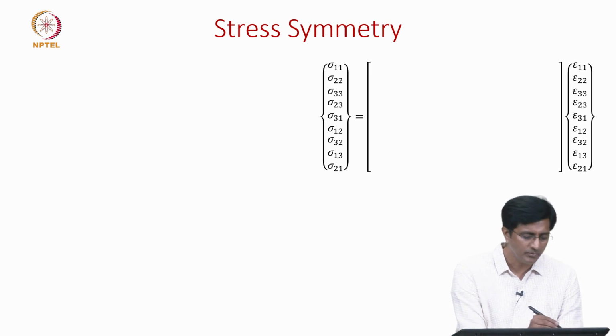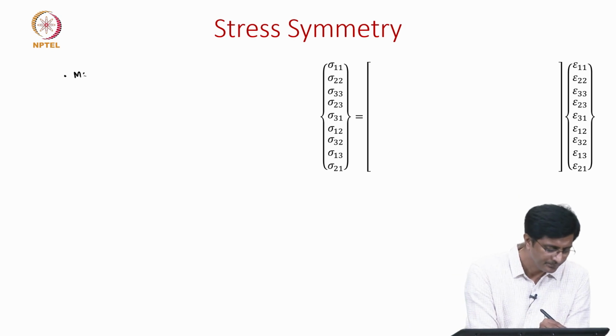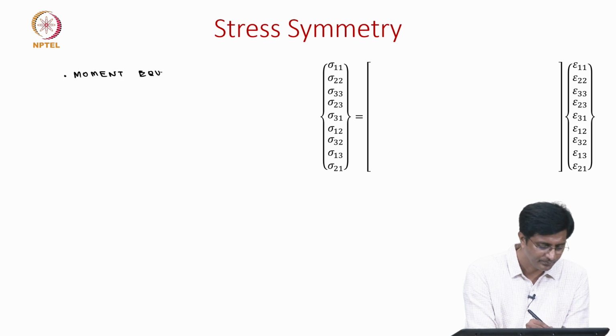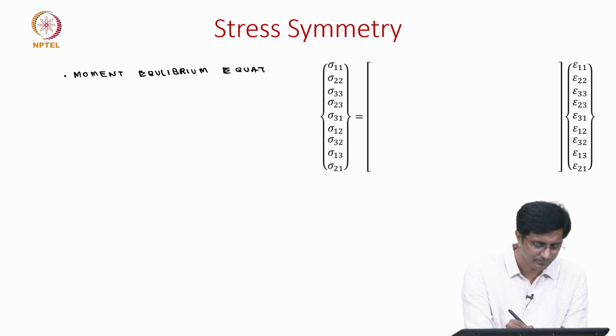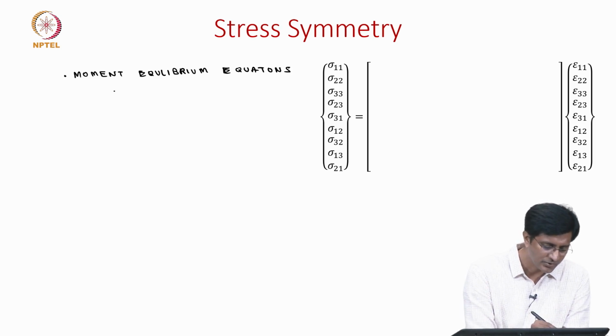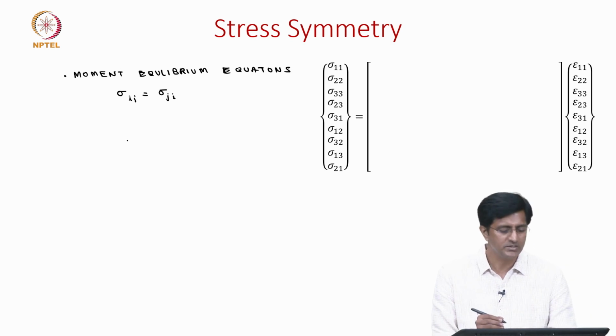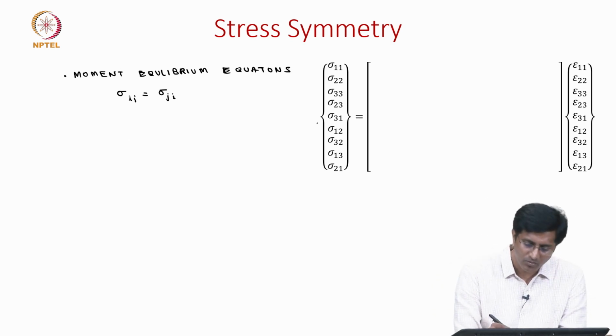From the moment equilibrium equations, one can show that sigma ij equals sigma ji. What it means is we have components like sigma 2 3 which is same as sigma 3 2.